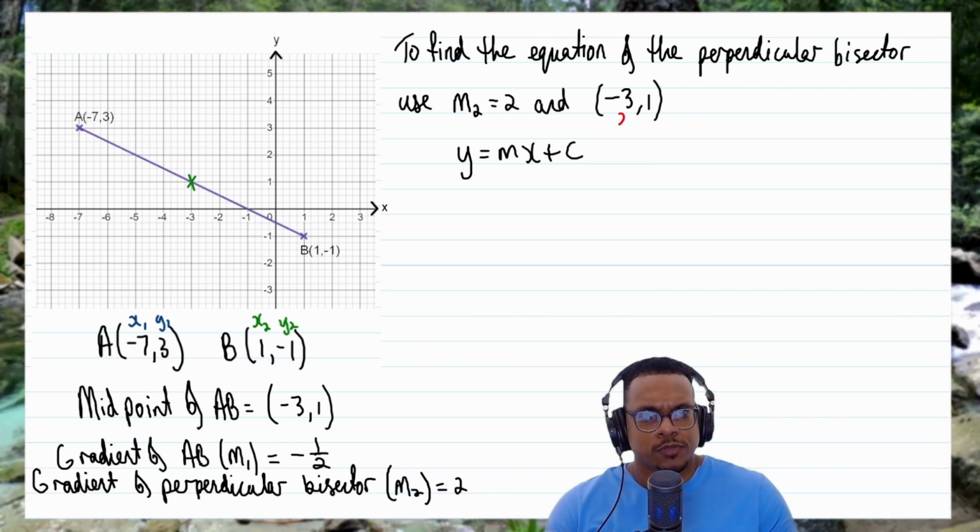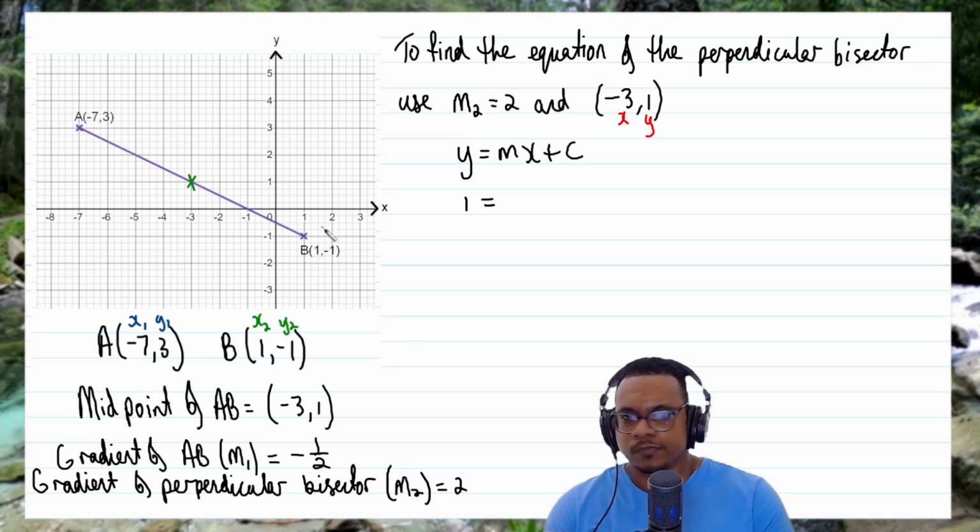So the equation of a straight line is y is equal to mx plus c. So where we have x, we'll put negative 3. And where we have y, we'll put 1. And of course, our gradient m would be 2. So I have 1 is equal to m times x. So m is 2 and x is negative 3.